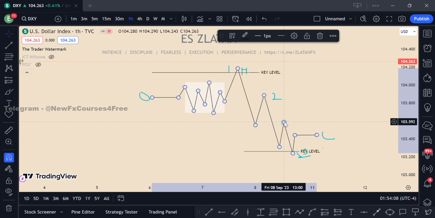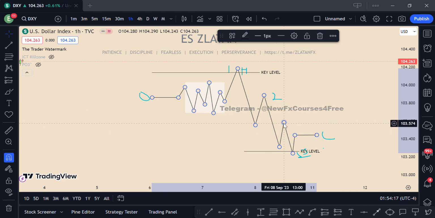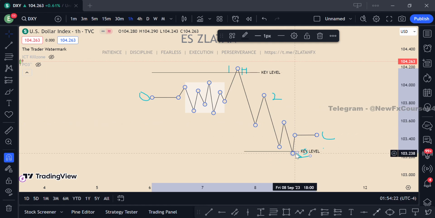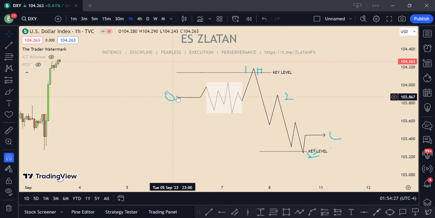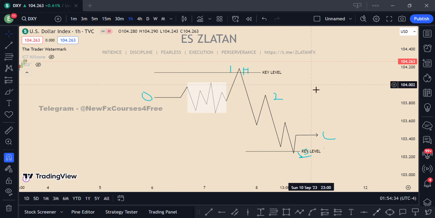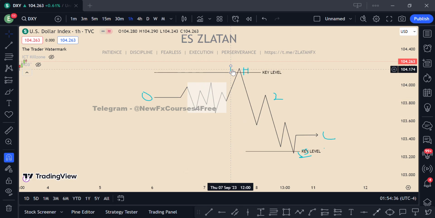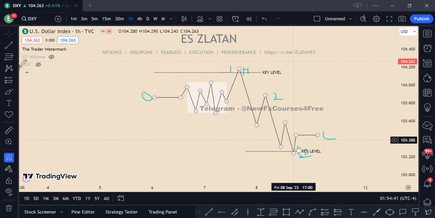And from that deep pullback, it sucks in every single person that sold from here and then goes into the key level. You have to practice this to see this happen many times. So open, accumulation, manipulation, and then distribution, right? So you have one, two, three to find and catch a setup, right?